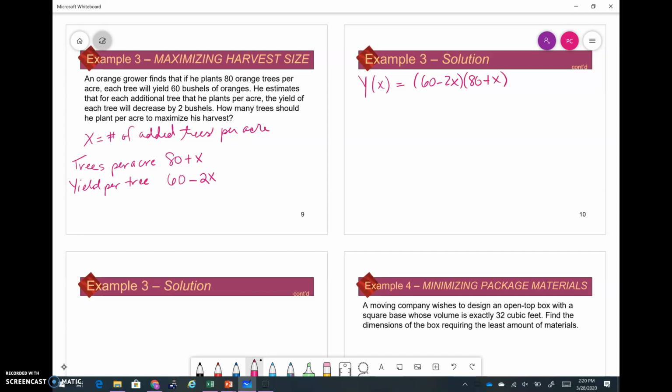If we multiply all of that out, our yield becomes 4,800 minus 100x minus 2x squared.